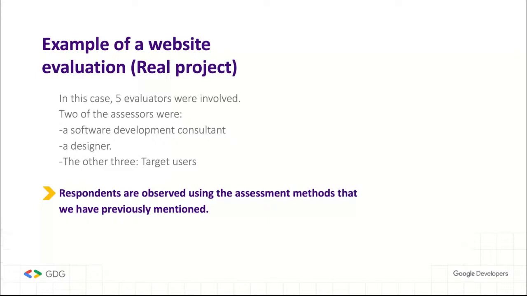So we asked our client who the users of his website are, and we tried to find users that match his criteria. And here they are observed using the assessment methods that we have previously mentioned.